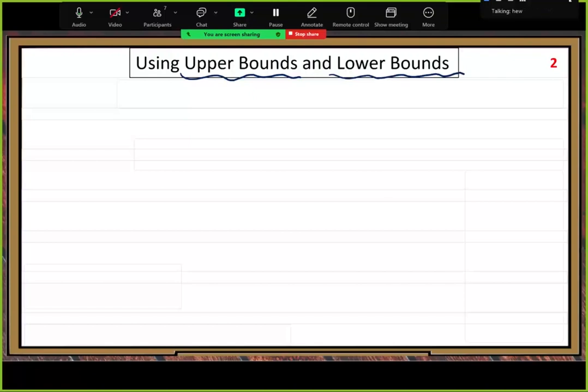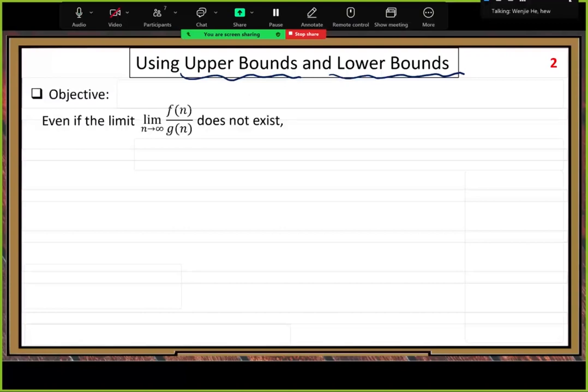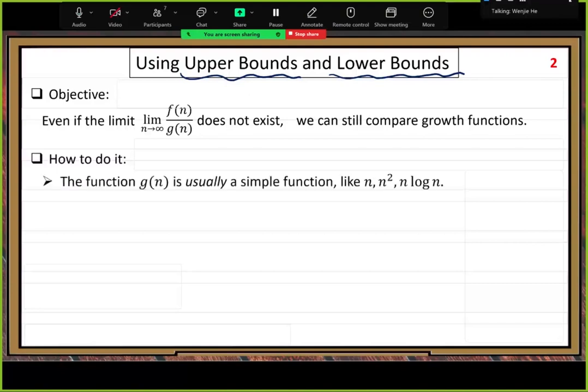We use the inequality way to compare order of growth. The limit does not exist, but we still want to compare two growth functions. So now, the inequality way.